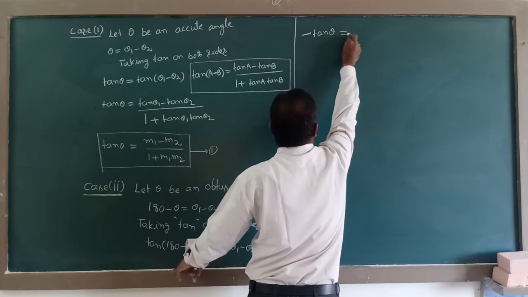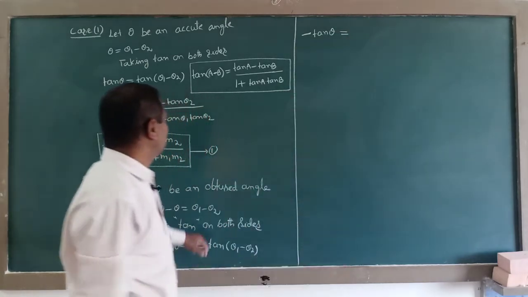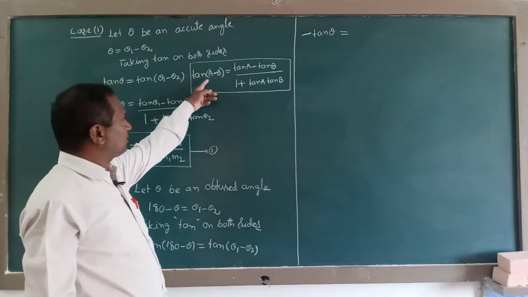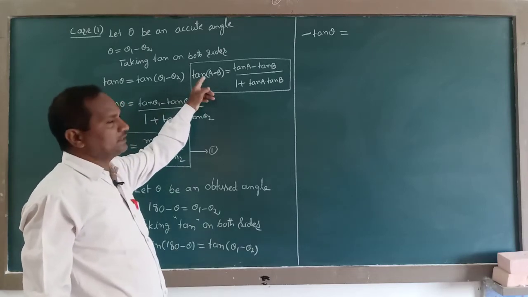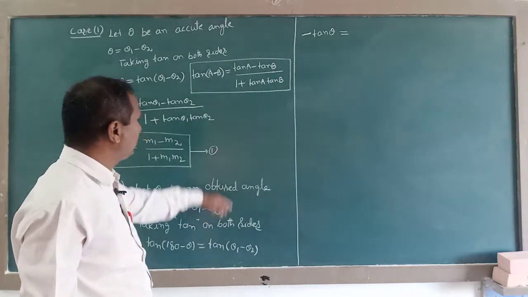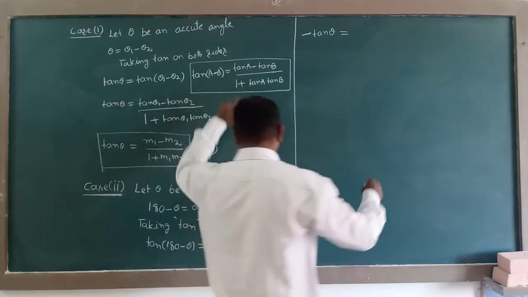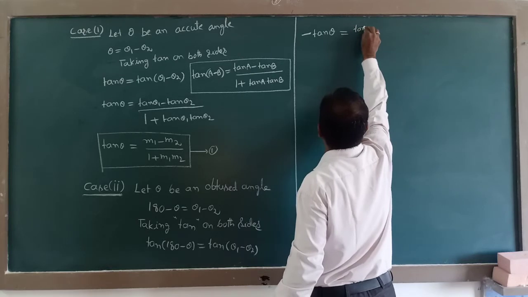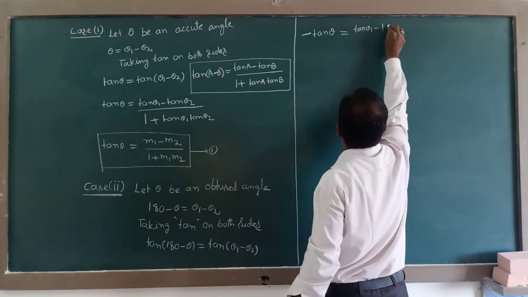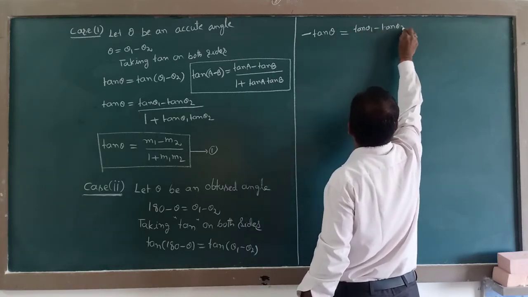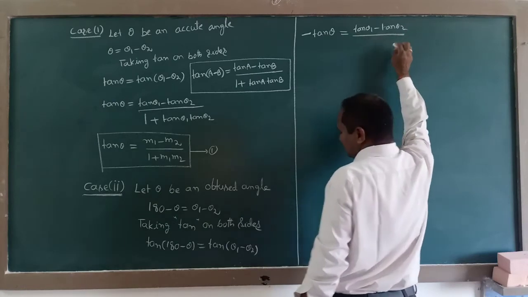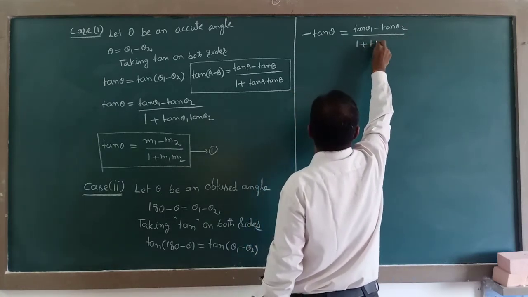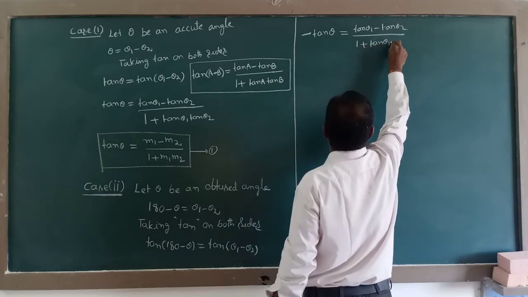We have to apply the compound angle formula for the tan function here. Tan of A minus B is tan theta 1 minus tan theta 2 whole divided by 1 plus tan theta 1 into tan theta 2.